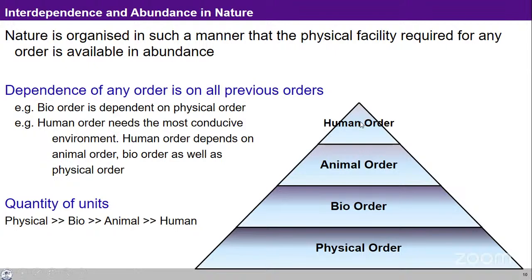Human order, quantity is very small compared to the other three orders, but it needs to depend on animal order, bio order and physical order for its life. So quantity wise, if we compare, we can see that we human beings are very less in number when we compare the quantity of other three orders.